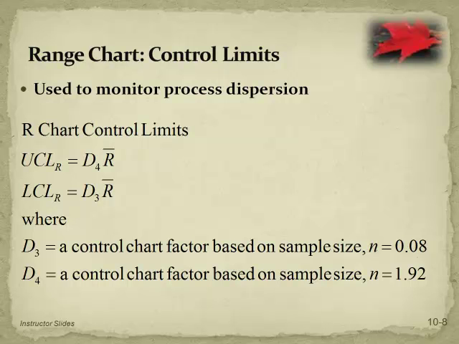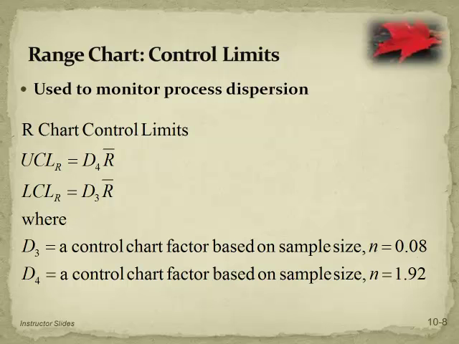Lower control limit is D3 times R bar. Both D3 and D4 are control factors that come from table 10.3 in your textbook. Again, that's table 10.3, so you may want to take a look at that. What determines the value of each is the sample size, and the sample size in this example is 7.